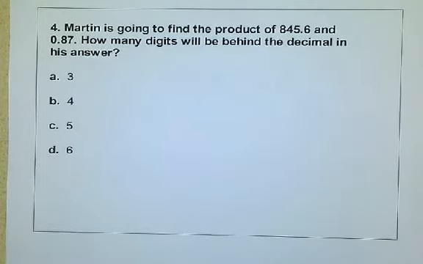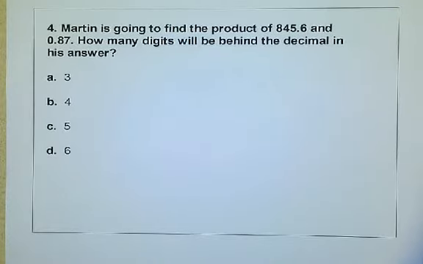Okay, for number 4, Martin is going to find the product of 845 and 6/10 and 87 hundredths. How many digits will be behind the decimal in his answer? So right now I want you to write out what this problem would look like, or reread it to yourself.